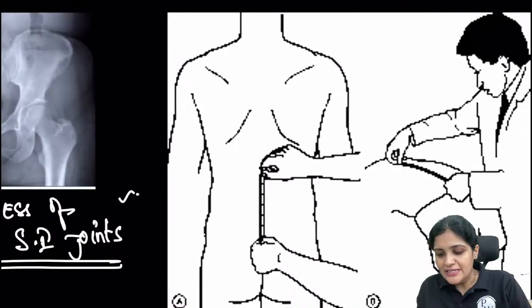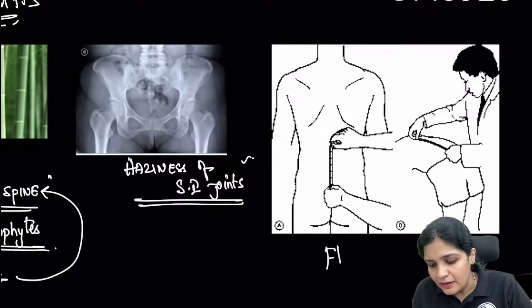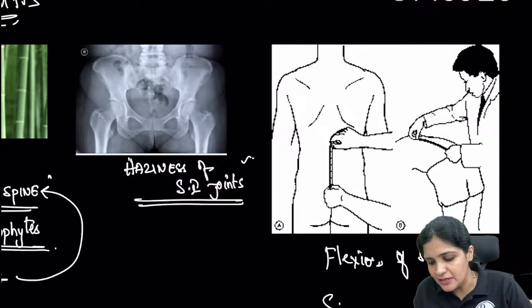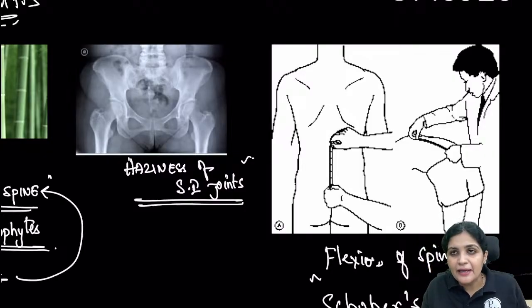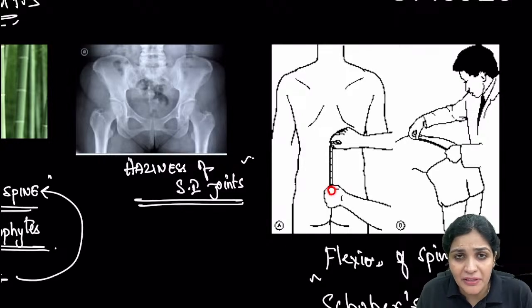Right? And what is this test? This is a test for flexion of the spine. The name given to this is Schober's test. So what is Schober's test? Here we identify a point, probably the dimple of Venus, which is just a depression over the back.